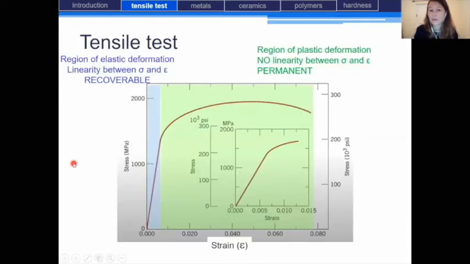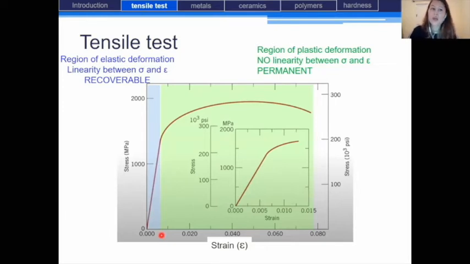So here is the same or another stress strain curve, and we can distinguish two regions in that curve. First of all, you can see that there is a first region when we begin to apply a tensile load on the material. There is a first region where we have a linearity between the stress and the strain of the material. So in this region, we have elastic deformation.